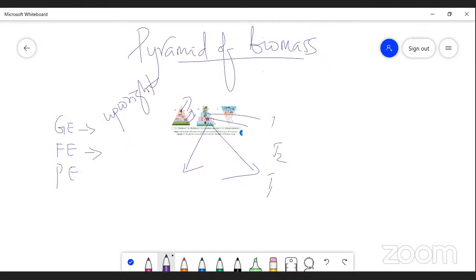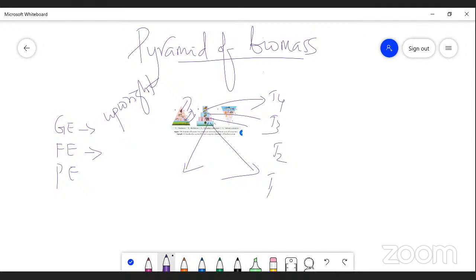And in case of T3, this also consists of a very lower amount of biomass. And finally, T4 consists of the very least amount of biomass. So there is also a decrease of biomass from one trophic level to another trophic level.